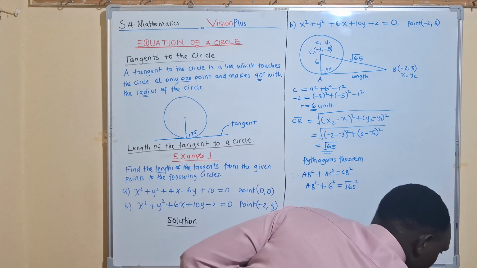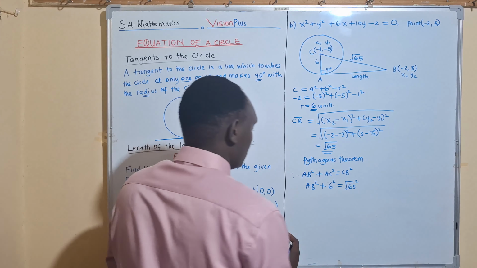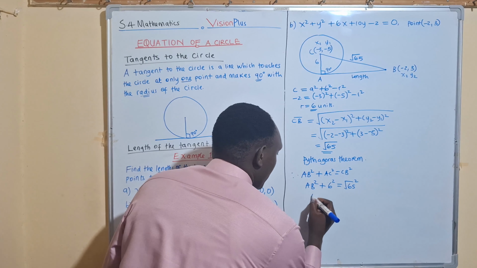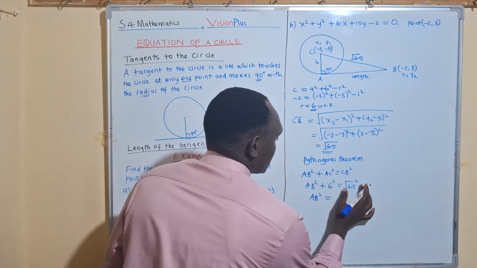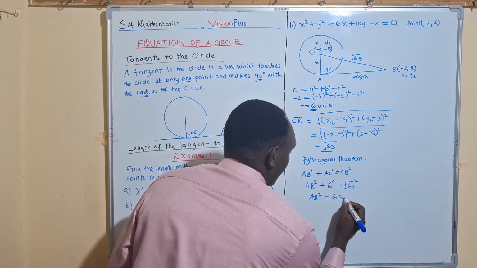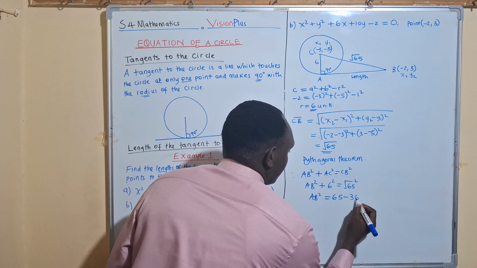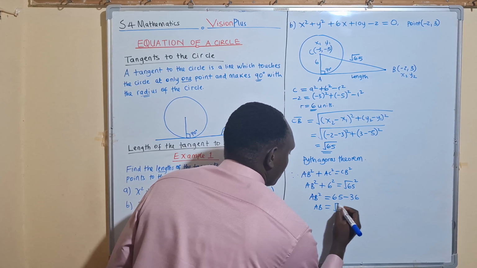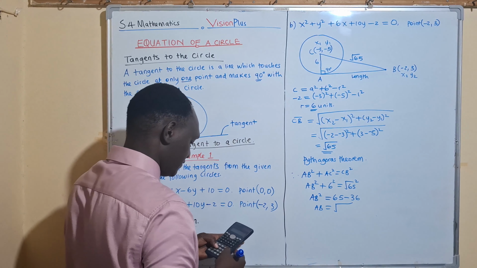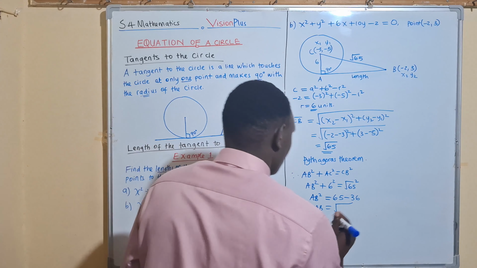So AB squared becomes 65 minus 36, so AB is root of 29.